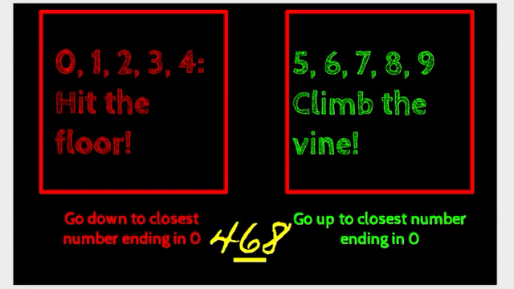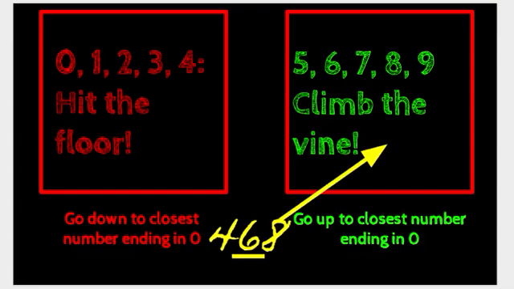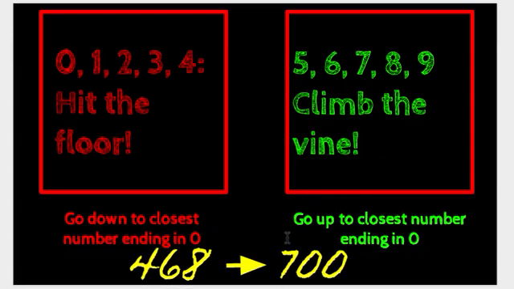We can see that the 6 is in the tens place. So according to our rules, 5, 6, 7, 8, 9, climb the vine. The 6 would be in that group. So that means that we are going to go up to the closest number ending in 0. So that means that we are going to bump it up to 500.